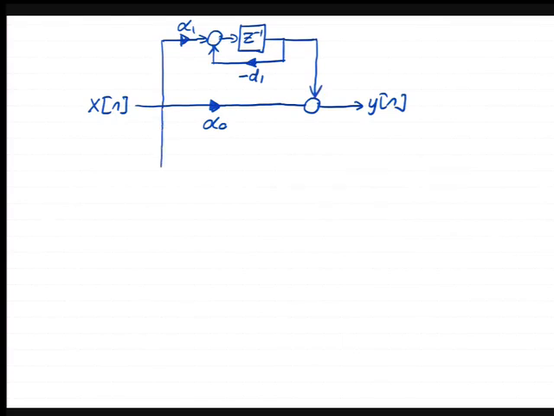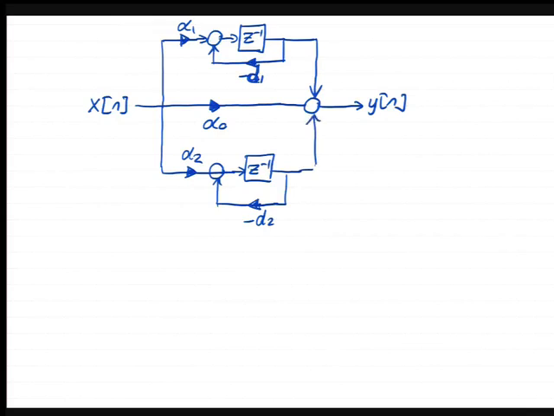And one more, this one has gain alpha 2, z inverse, no, it's a d1 in this one, this is d2, and that goes in here.